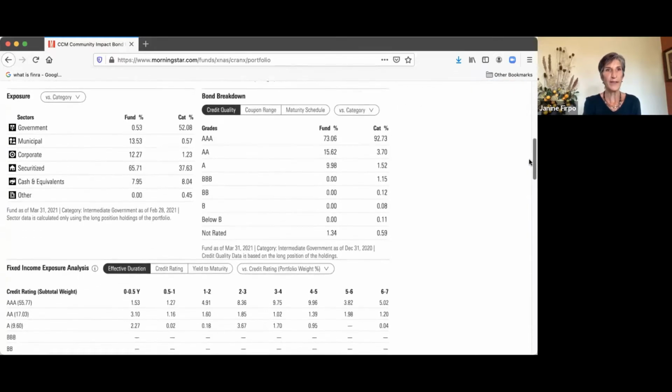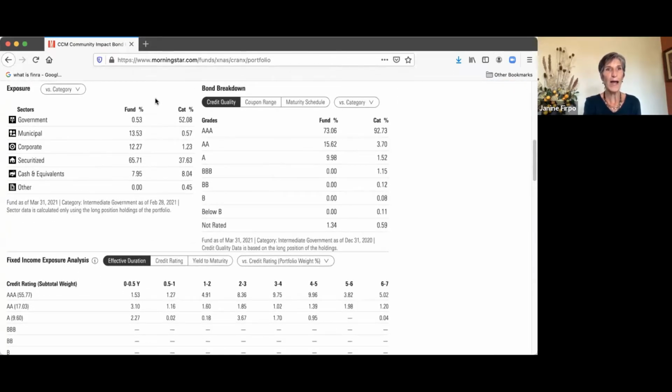Further going down this side, you can see what kinds of funds or what types of fixed income this fund is invested in. And you'll note that it is 65, almost 66% is in securitized, which means that it is invested in government agencies that have securitized assets like mortgages.